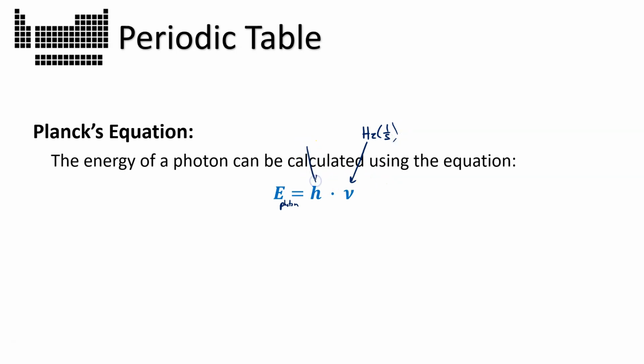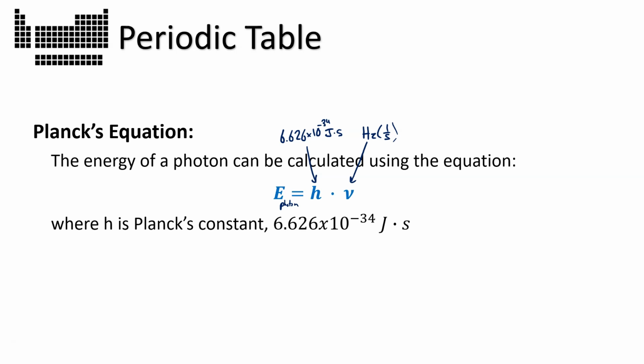And if you multiply that frequency by this number called Planck's constant, which is a known value, 6.626 times 10 to the negative 34 joules times seconds, you'll end up with the energy of one single photon of that type of radiation. So here's Planck's constant.